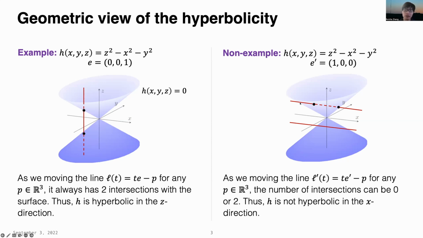However, if we look at the x direction, that is, if we set e prime equal to (1, 0, 0), this polynomial is no longer hyperbolic in this direction. This is because when we move the line, as in the right picture, sometimes it has two intersections, but sometimes it has no intersection. Therefore, h(te minus p) doesn't always have real roots, and it is not hyperbolic in the x direction.